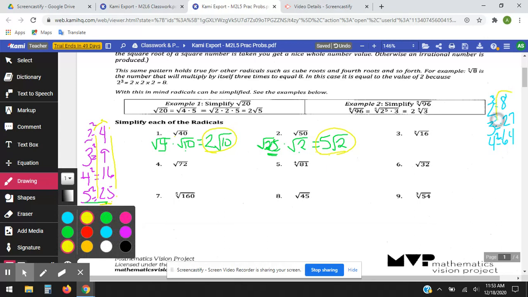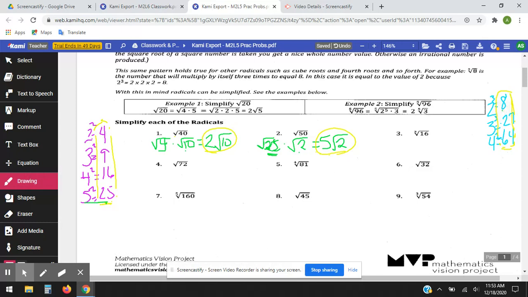I'm going to look and see which of these cubes goes into 16 evenly. The one that goes in evenly is 8. So I'm going to break this out into the cube root of 8 times the cube root of 2.